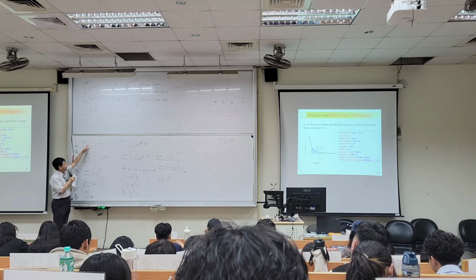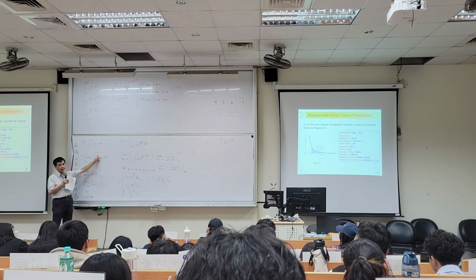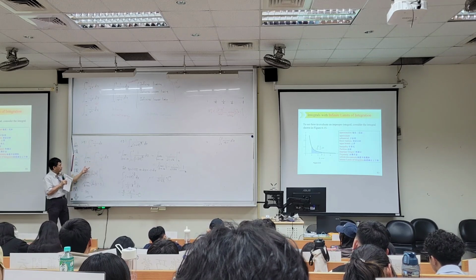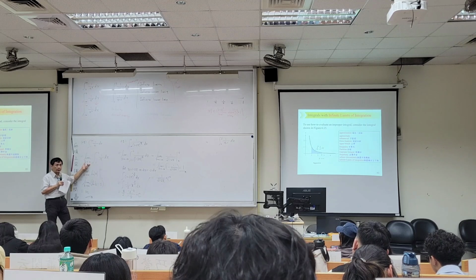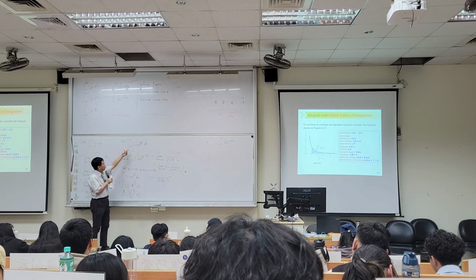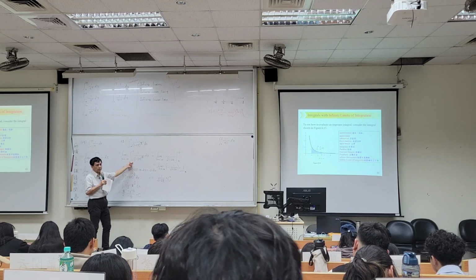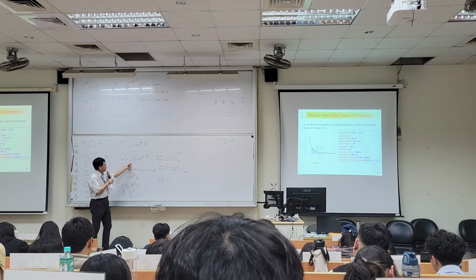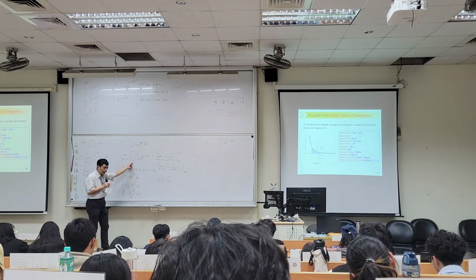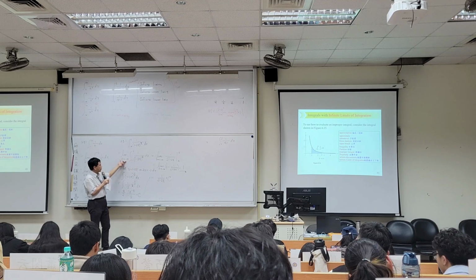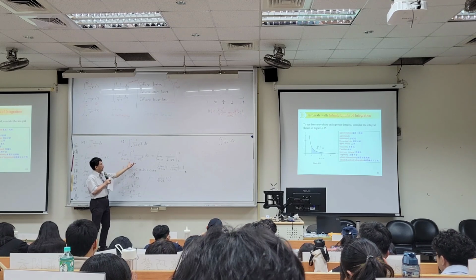Basically, just replace the upper limit by b, and let b go to infinity. And for this one, we replace the lower limit, which is minus infinity, by a, and let a go to minus infinity.